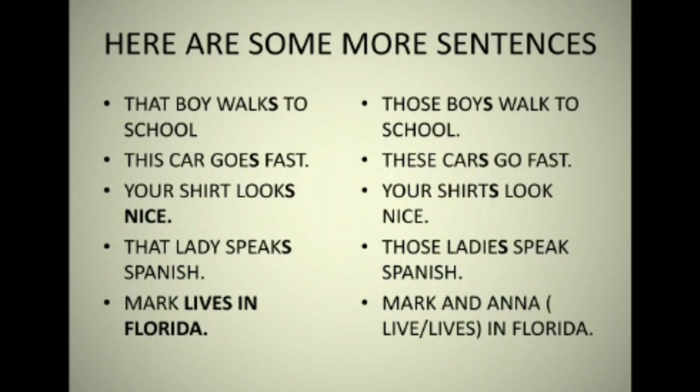So the singular nouns here are boy, car, shirt, lady, etc. They all are nouns because these are the names of people, animals or objects. The singular verbs all have an S, that we know, eats or goes or walks, etc. When we look at the plurals, this is reversed. The plural nouns all have S at the end, and the plural verbs have no S at the end.